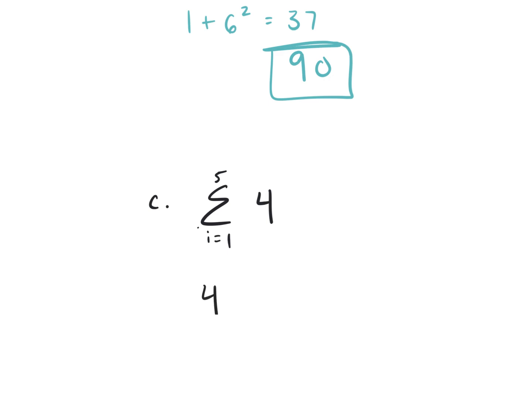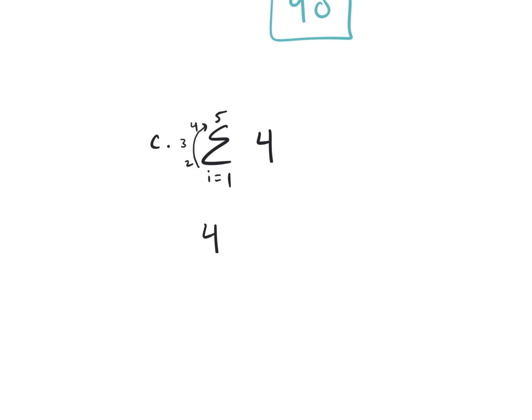I want to plug in 1 and every number from 1 to 5. So I'd plug in 2, 3, 4, and 5. If we plugged in 2, what would we get? We would just get 4 again. We're not plugging in anything, so we're not changing the outcome. Our function is just 4. So we'd get 4 each time.